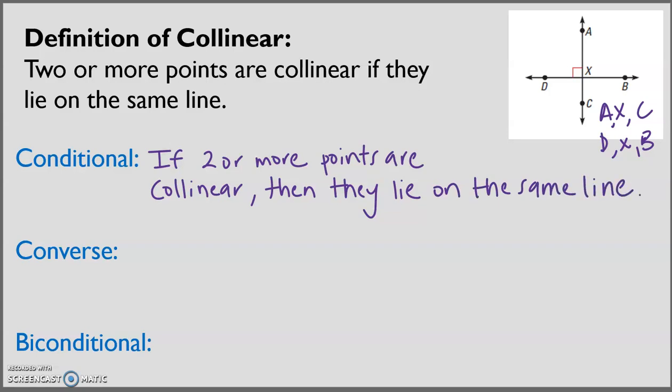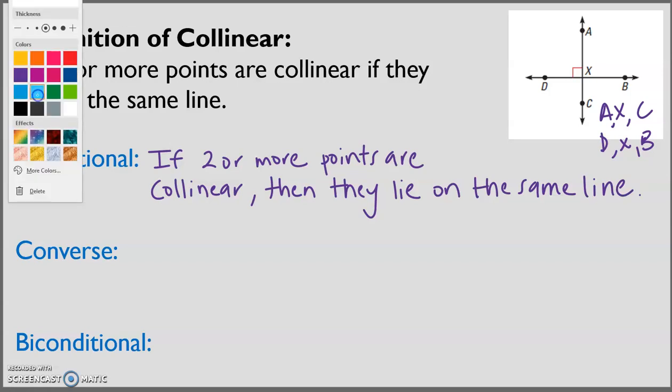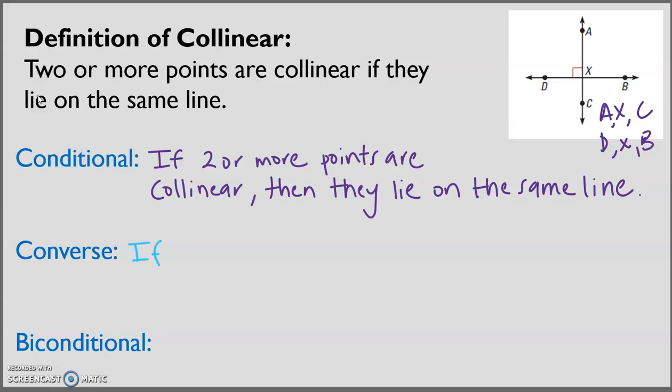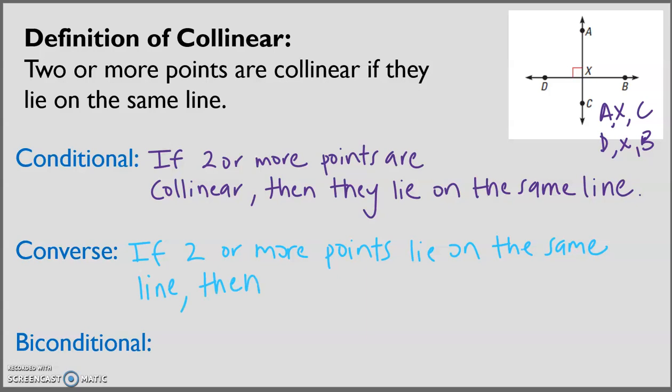Then for the converse of this statement, we will be swapping the argument. So if two or more points lie on the same line, then they are collinear.